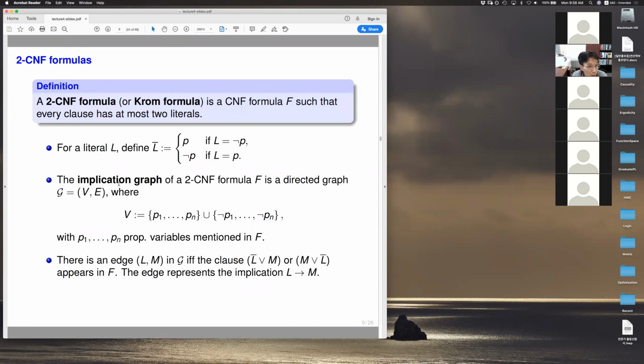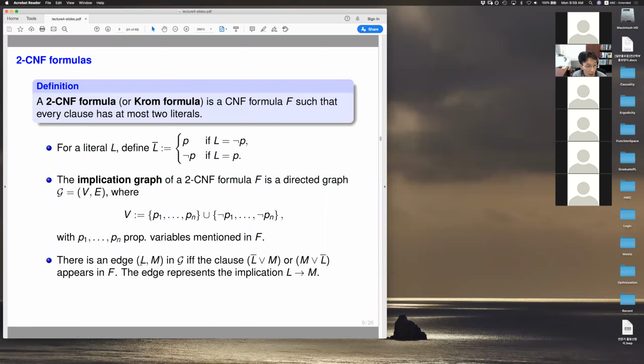Now if we are given a 2CNF formula, then we can construct something called an implication graph. The implication graph is a directed graph, where the vertices are the propositional variables that appear in formula F and their negations. In some sense, all the possible literals are the vertices of this implication graph.